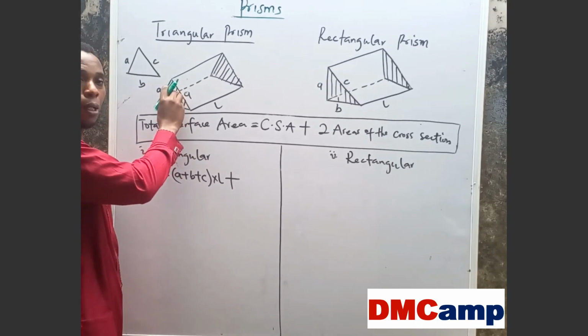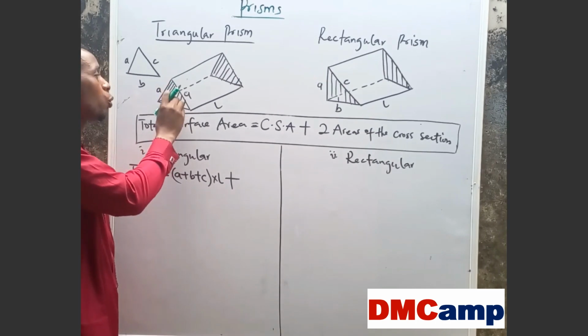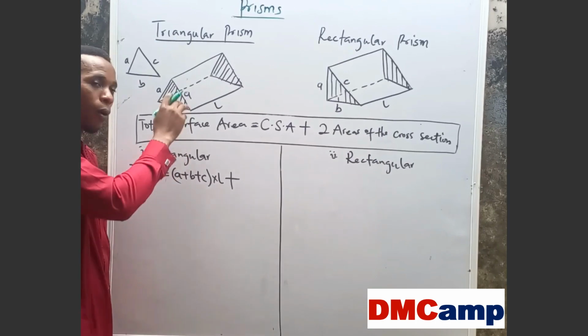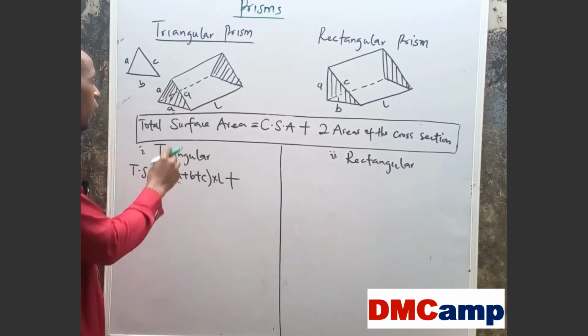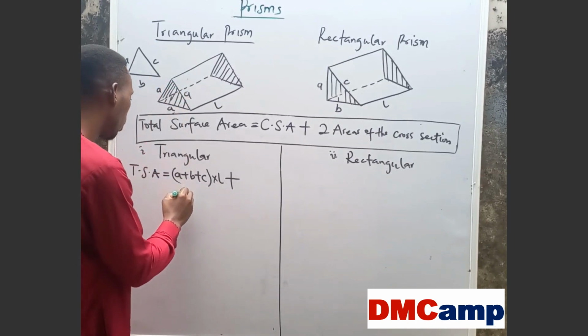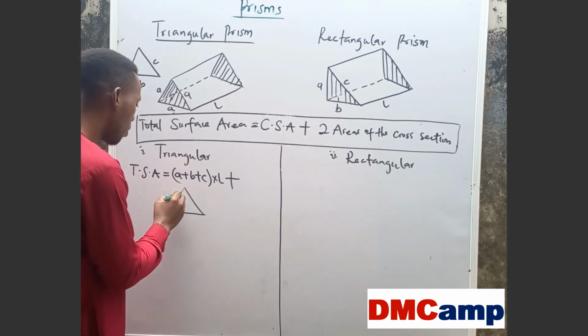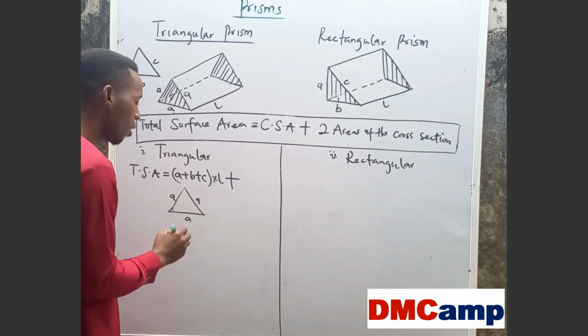Now, how do we do that? Let's see how to calculate the area of this triangle. This is A, this is A.